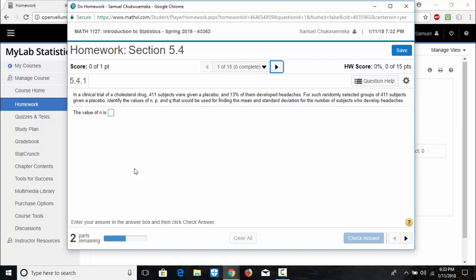Question 1. In a clinical trial of a cholesterol drug, 411 subjects were given a placebo and 13% of them developed headaches.